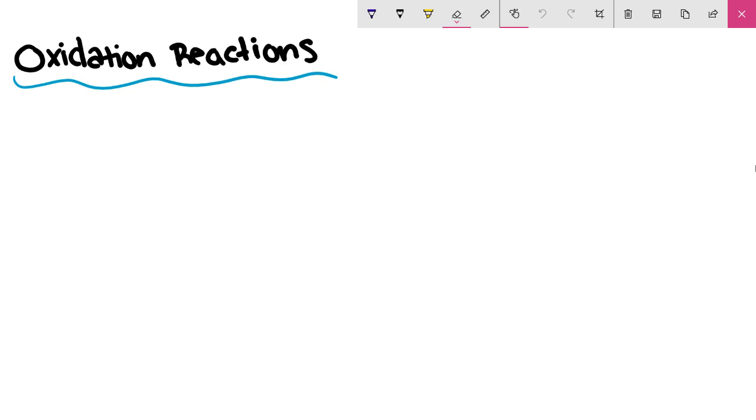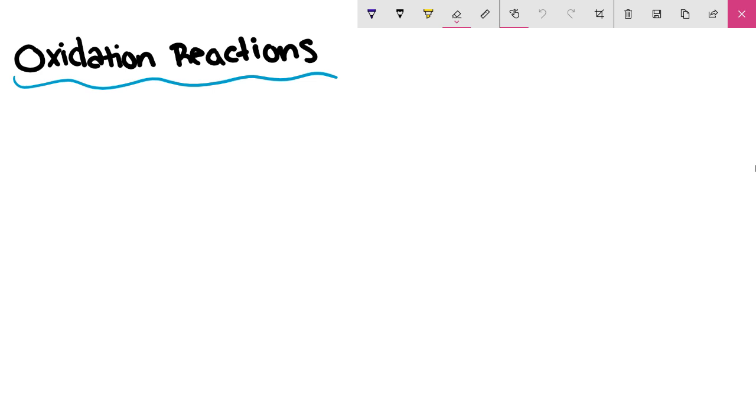So for organic chemistry, it's really important to know the specific reagents that cause molecules to become oxidized and reduced and that sort of thing. So an oxidizing agent is an element or a compound or molecule that accepts an electron from another species.